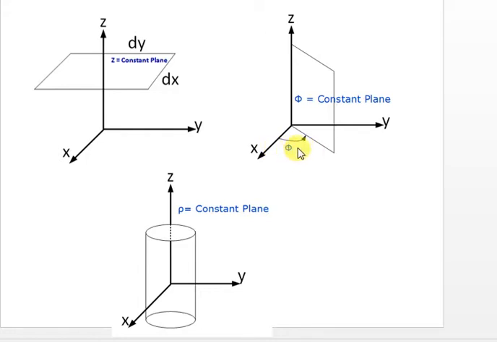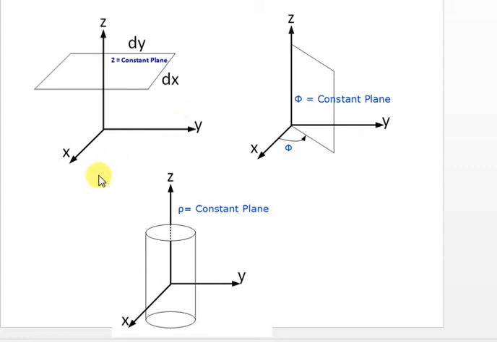This is the phi angle, and this is the third plane. That means the third plane is the rho constant plane, or you can say a cylinder of radius rho with the z axis as the axis of the cylinder. These planes are most important to solve problems with cylindrical symmetry.